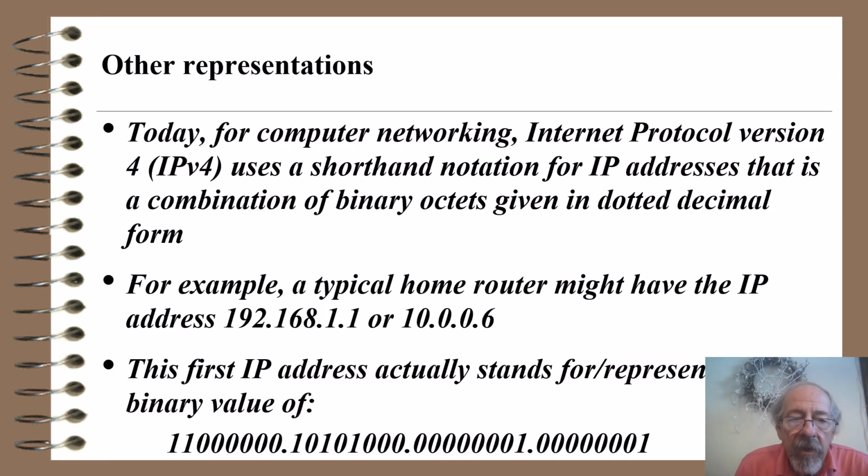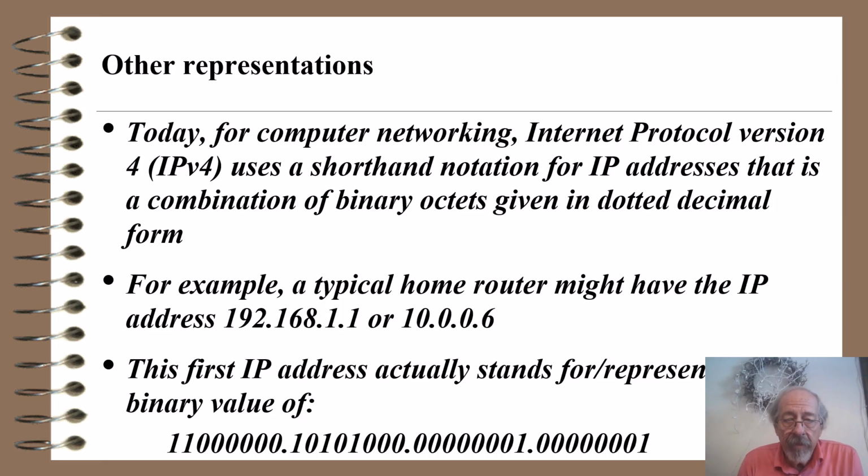Other representations. Today, for computer networking, Internet Protocol version 4, or IPv4, uses a shorthand notation for IP addresses that is a combination of binary octets given in dotted decimal form.